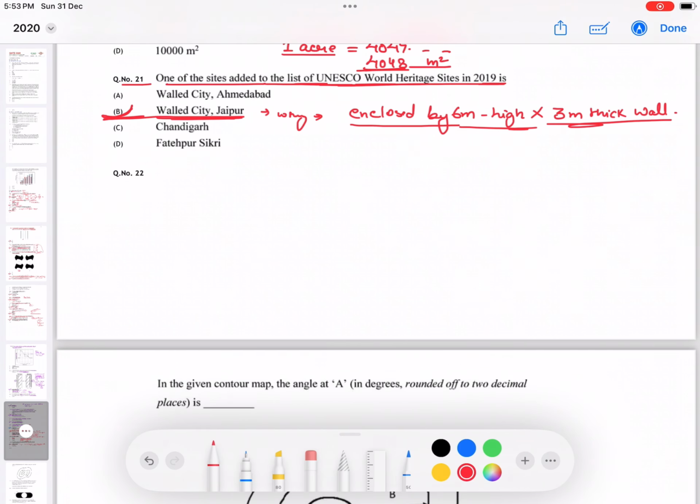And also, as this paper was from 2020, they have given the World Heritage Site added in 2019. So if you are preparing for 2024, you should know what World Heritage Sites have been added from India to UNESCO in 2023. You should know this. It may pop up in the question paper.